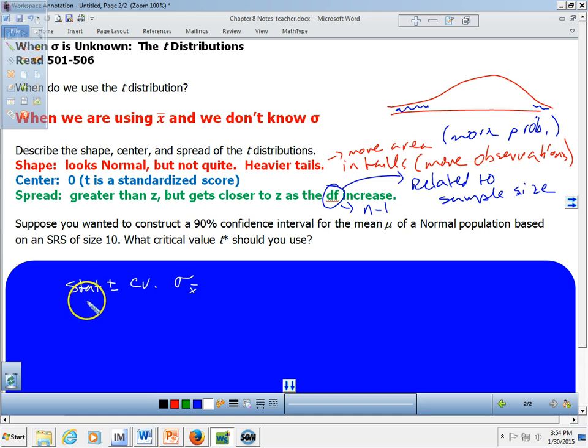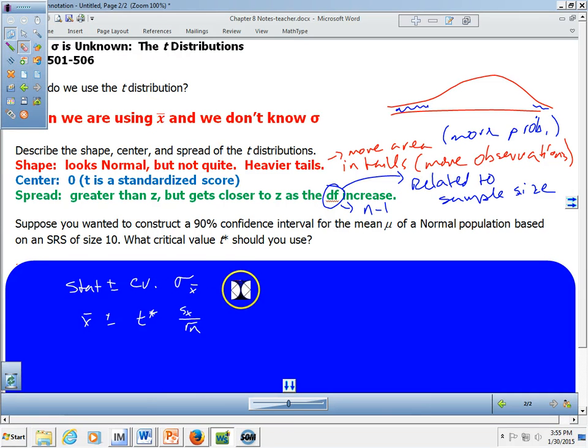Now again, our statistic is going to come from our sample mean, and this calculation now we know is going to have to come from the standard deviation of our sample divided by the square root of our sample size. Question is, where is this new critical value coming from? It's not going to come from a normal curve. It comes from this t curve, so we call it t star. Now, how do we go find that t star?